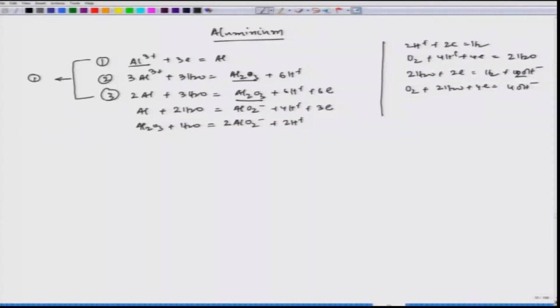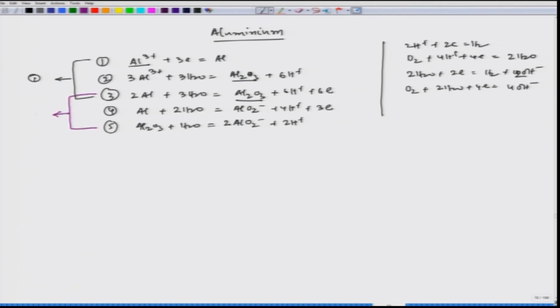These three can be clubbed. This is club number 1, and another clubbing that is possible is 4 and 5.